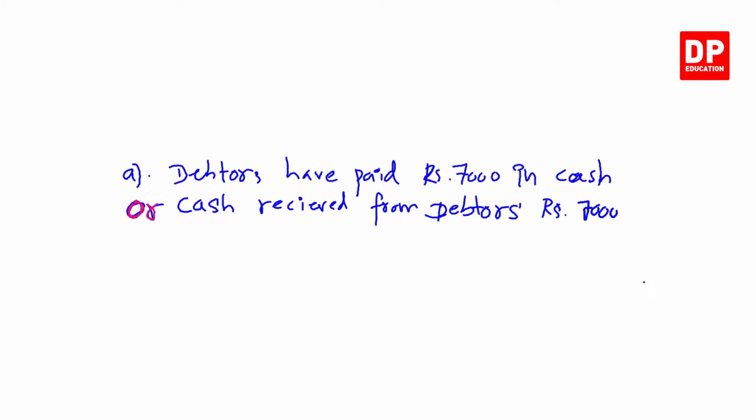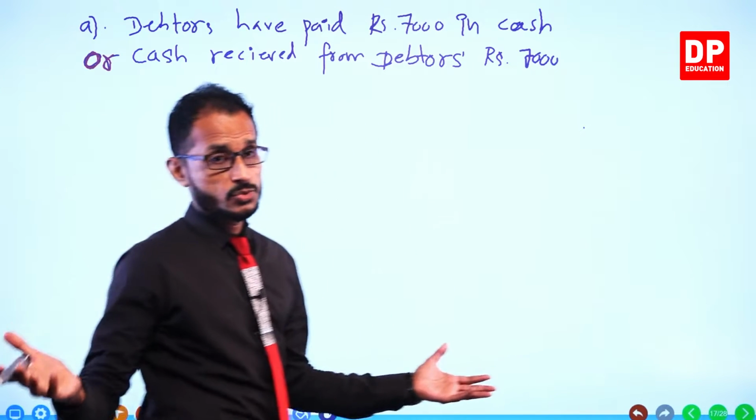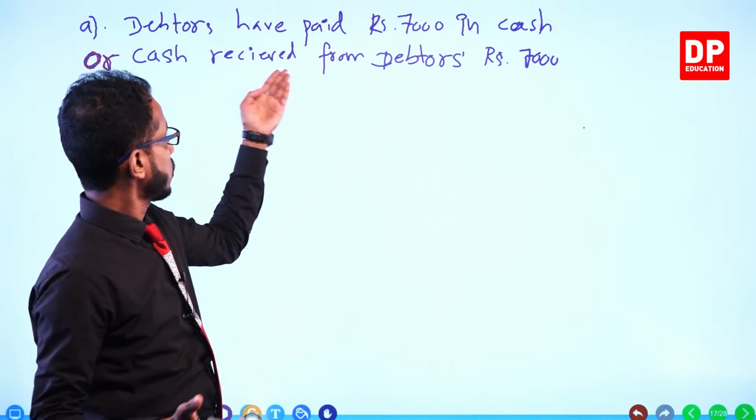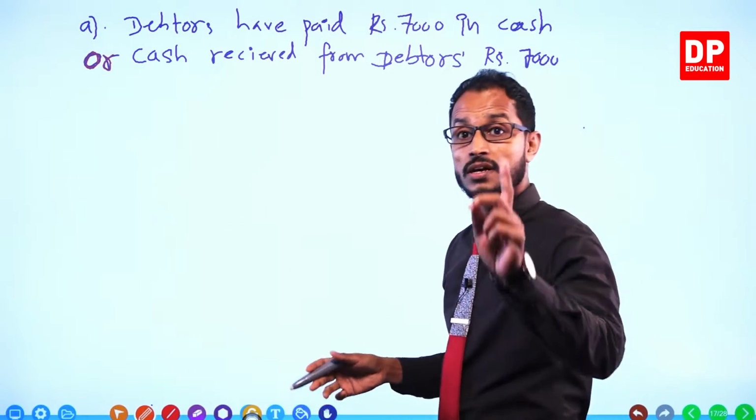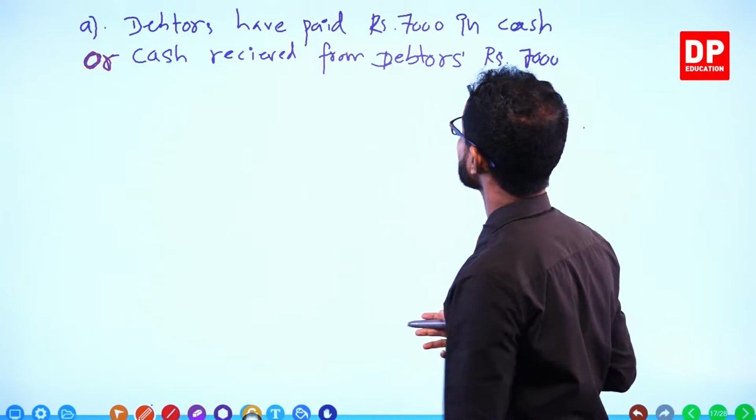Don't write both. Either way you can write. You can write this way, or you can write the second way. But the amount is important. Write with the amount. Okay.